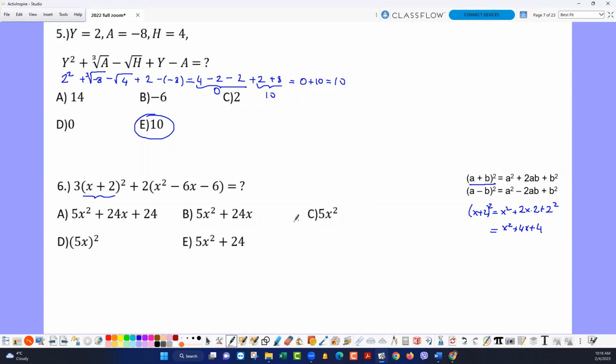So if I rewrite the equation on this side, I'm going to continue firstly. 3 times, instead of (x plus 2) squared, I have to write this one: x squared plus 4x plus 4. And I'm not going to open this multiplication now. Then 2 times (x squared minus 6x plus, minus 6), it's going to be minus 6.